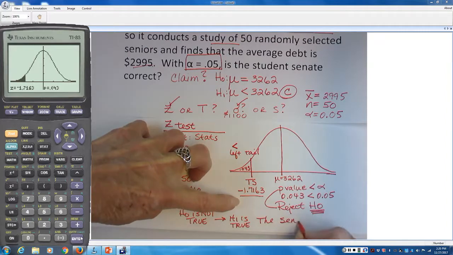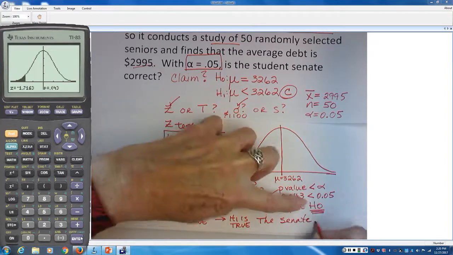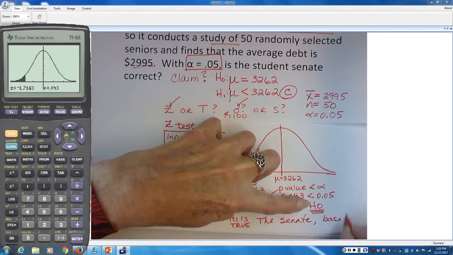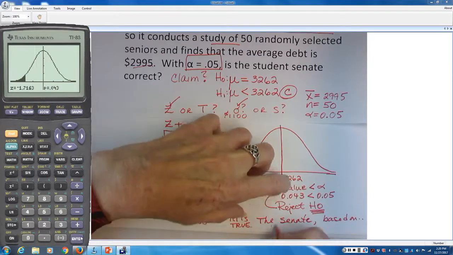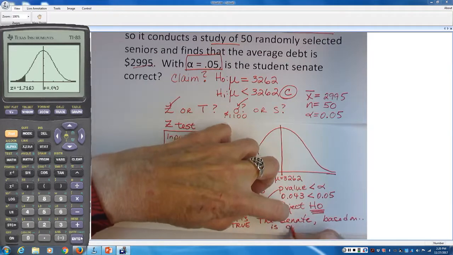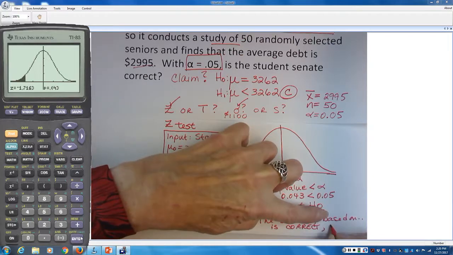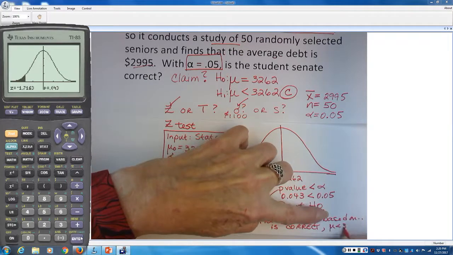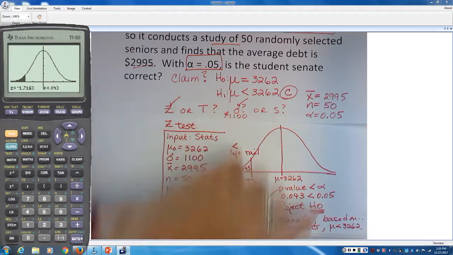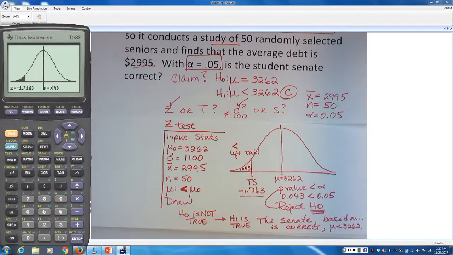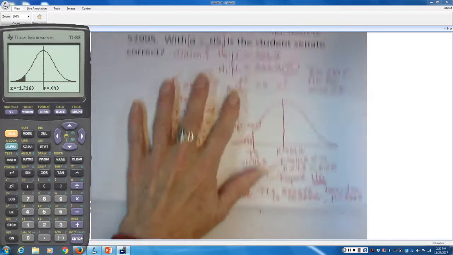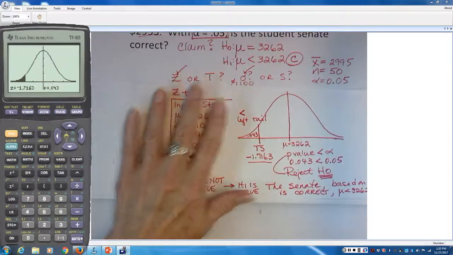The Senate, based on evidence, is correct. Mu is in fact less than 3262. Okay? Yes. Now we don't need that top part anymore.